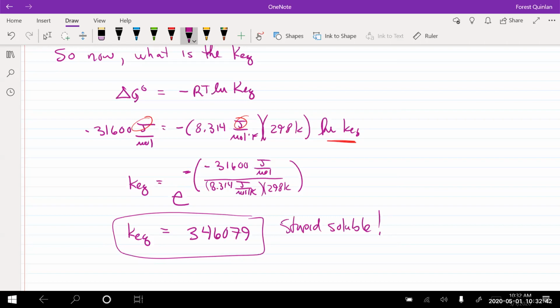And I'm going to hit e to the negative answer. Oops. No, I don't want to do that. I want to do 31600 divided by 8.314 times 298. And I'm going to e that whole thing. Yeah, you're wrong. You rounded.